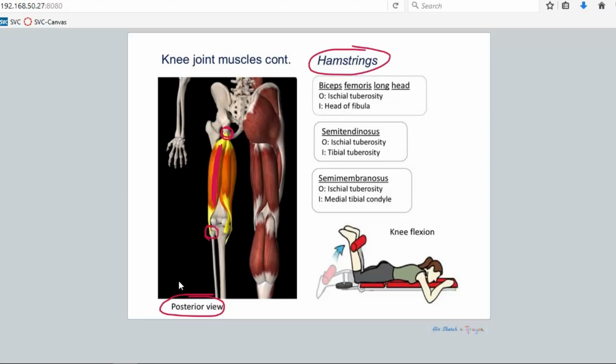Then we have the semitendinosus, origin again on the ischial tuberosity, insertion point around on the tibial tuberosity, and then we have the semimembranosus, origin ischial tuberosity, insertion down here on the medial epicondyle of the tibia. So these are all crossing the knee joint. And what happens when these contract? Well, the action occurs at the knee joint, and that's going to result in knee flexion.